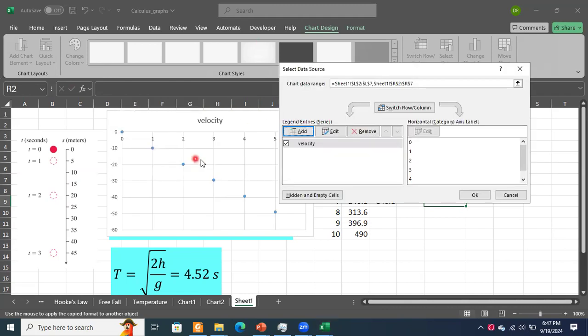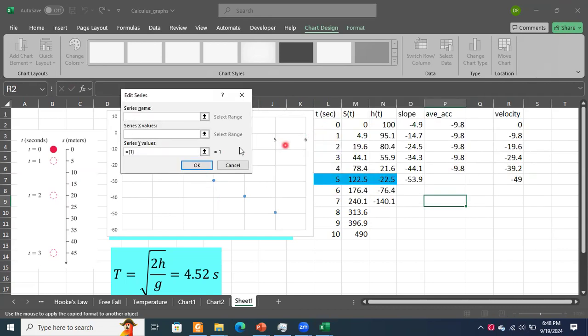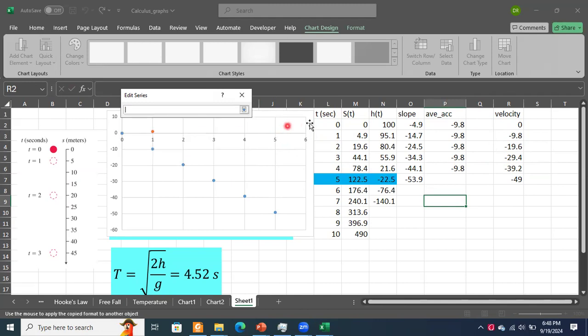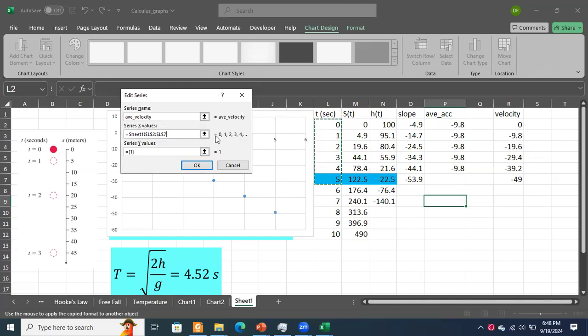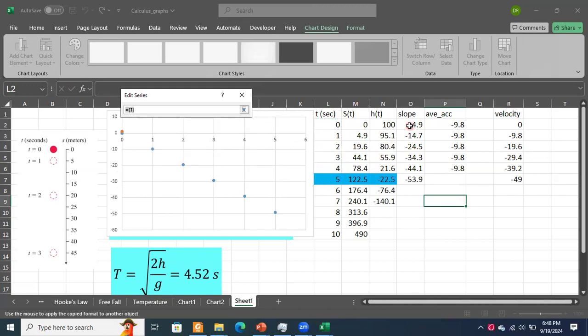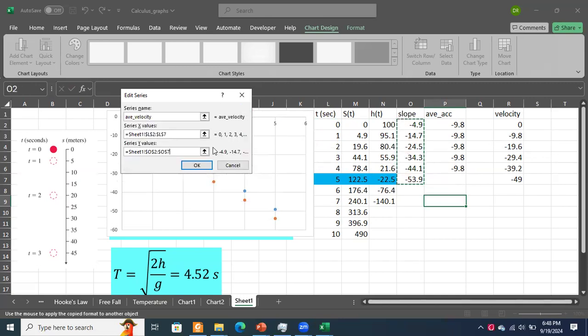So the first set of points have been generated, and then another series for the slope of slope, which is equivalent to average velocity. So x values are the time values, and y values to be selected from slopes, and that's it.